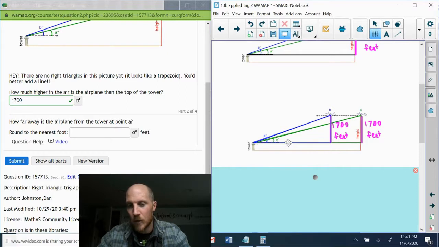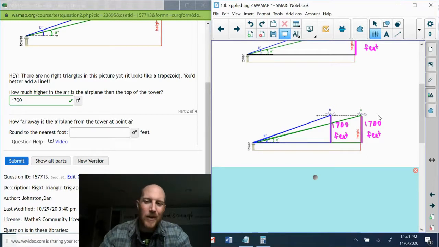Same idea: across at the level of the air traffic controller's eyes, up 1,700 feet to the airplane at point A. So I do have two triangles. It is a double triangle. It looks different because the way it is drawn, those two triangles do not share a common side. But that's really just the way it was drawn. The 1,700 feet is the same.